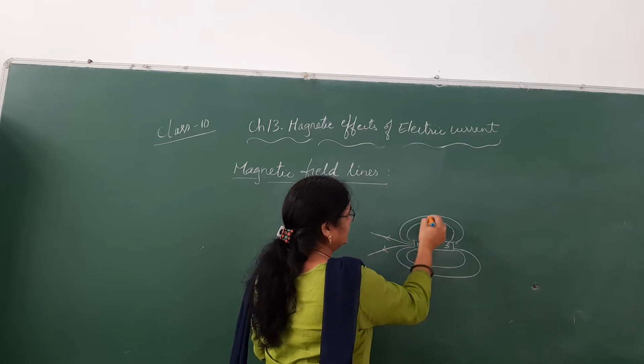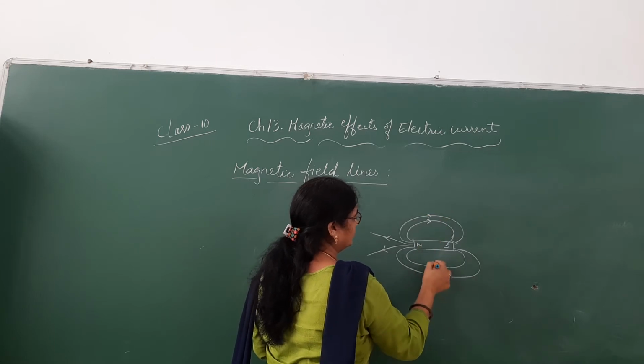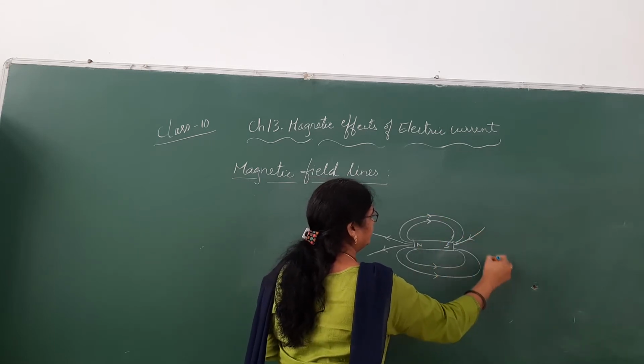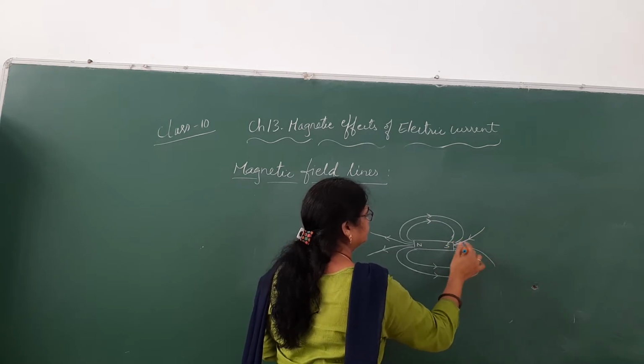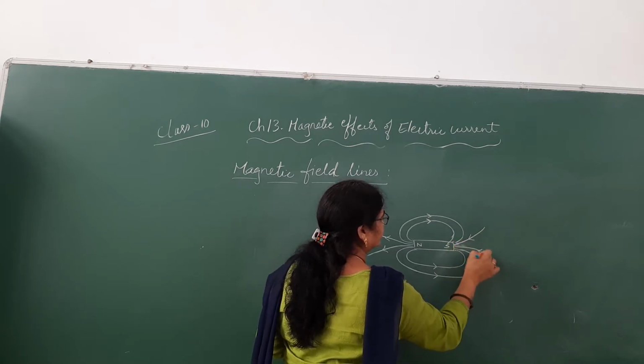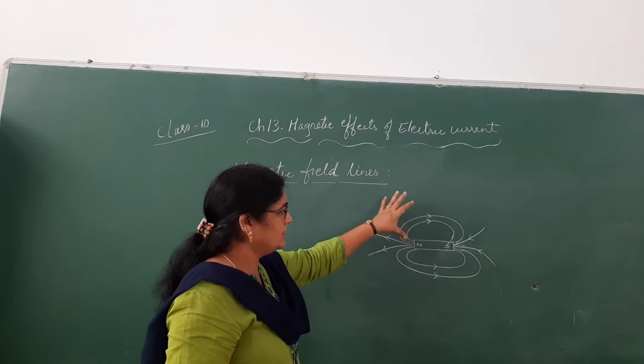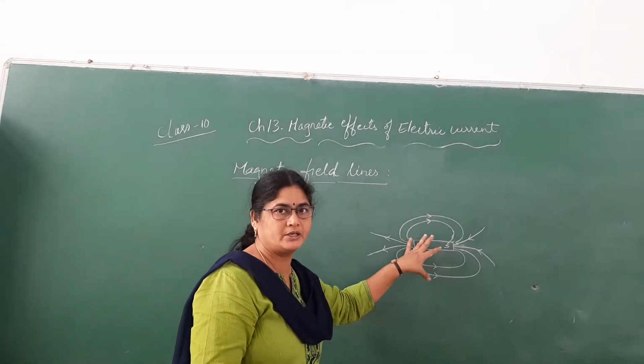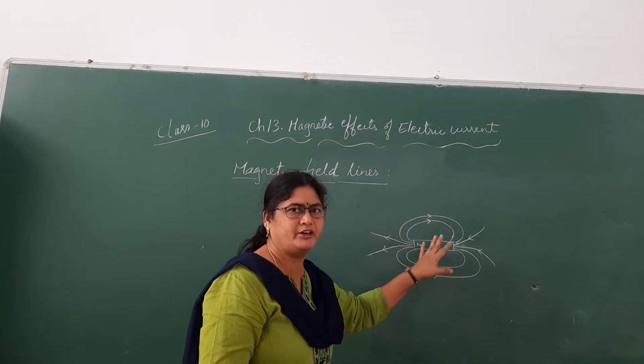And if you see, all these are directed from north pole to south pole, and they are coming and ending in the south pole like this. So you will get infinite lines of force around the bar magnet. You can draw any number of field lines.